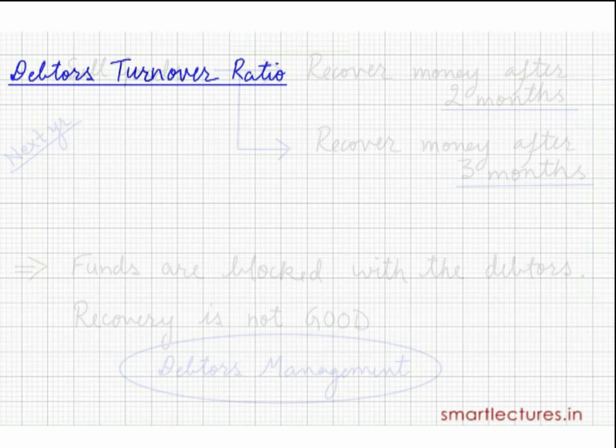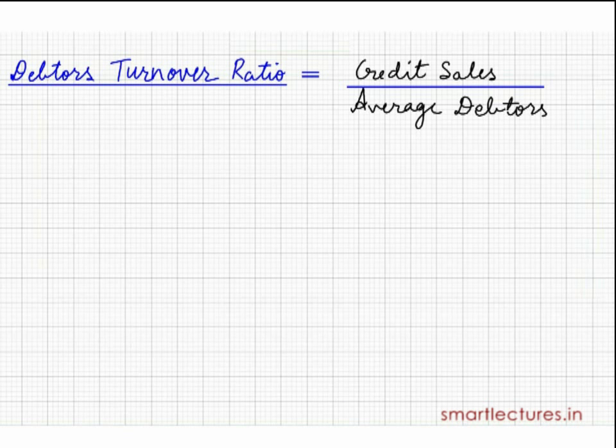And the formula is credit sales upon average debtors. Naturally, it establishes a relationship between debtors and credit sales. Be careful. Debtors means debtors and BR as well, I mean to say bills receivable.